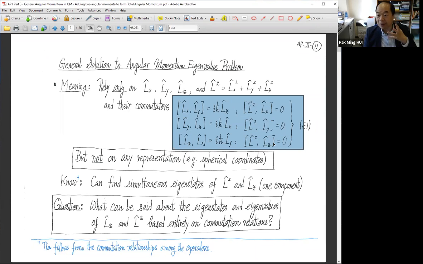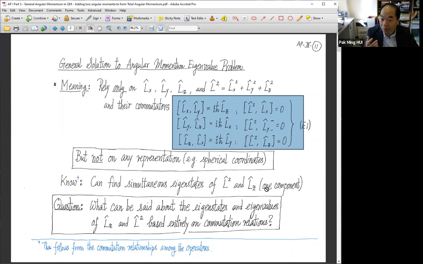By these commutators and the idea about commutation relations, we already know it is legal to look for a simultaneous eigenstate of the magnitude square and any one component. Usually we will pick that component to be called the Z component, but it is actually our choice.